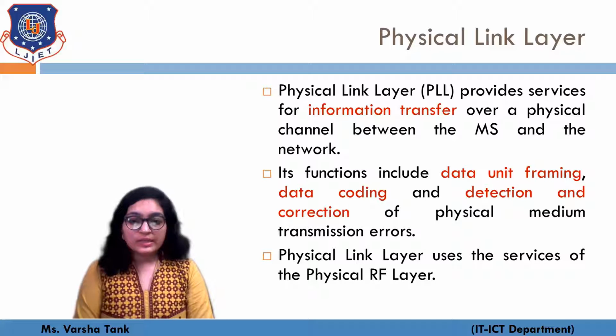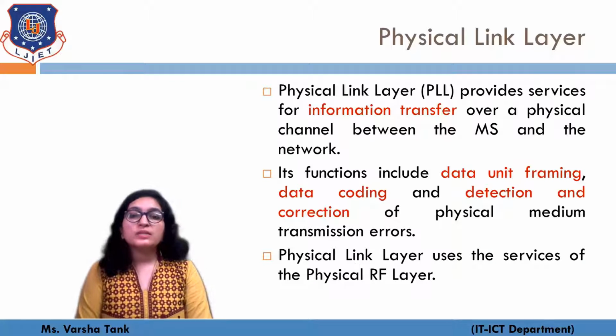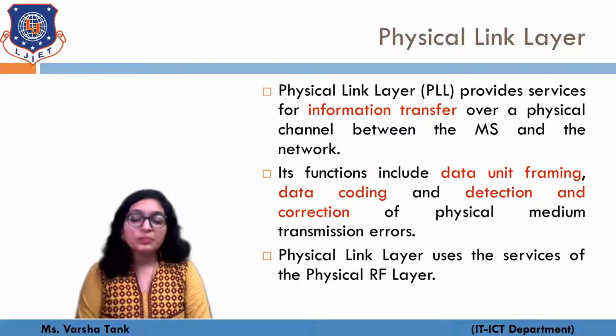Now next is the physical link layer. The physical link layer provides the services for information transfer over the physical channel between the mobile station and the network. That means the physical layer is responsible for the physical representation of the data. Its functions include data unit framing, data coding, detection, and correction. So all this functionality is done by the physical link layer.